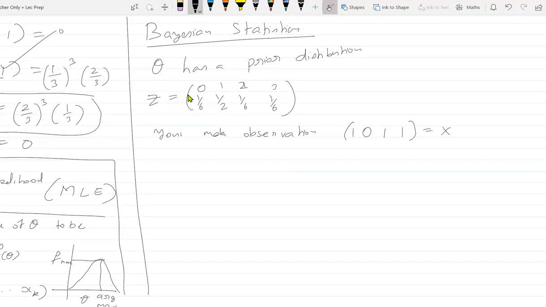Sumit had a question. So earlier what we were computing was P of y equal to 1011 given theta equal to 0. We computed all these three quantities.